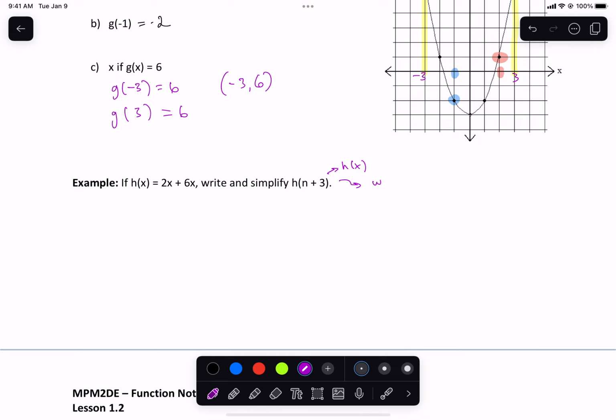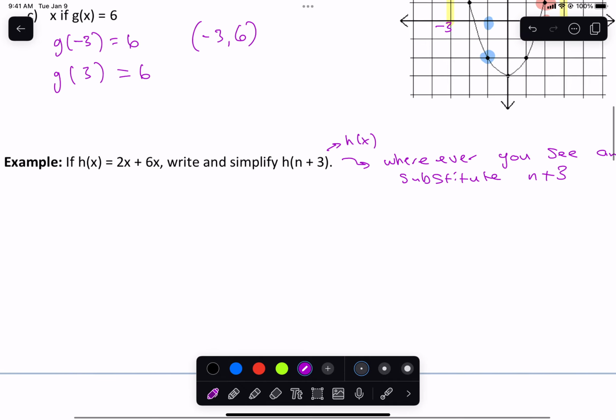So wherever you see an x, substitute n plus 3. Right, so let's go to our equation. I'll let you write that down, sorry. Copy. Is that big enough for everybody to see?